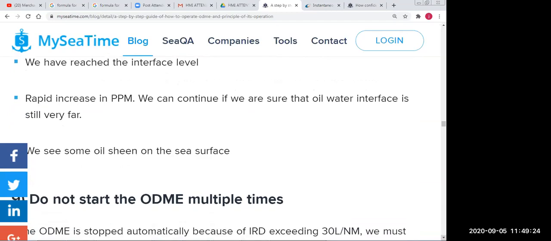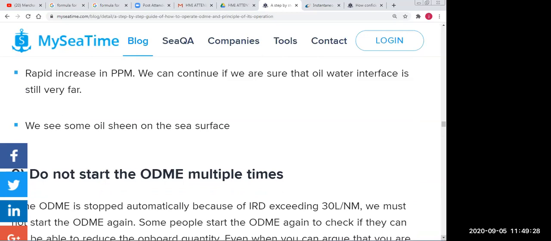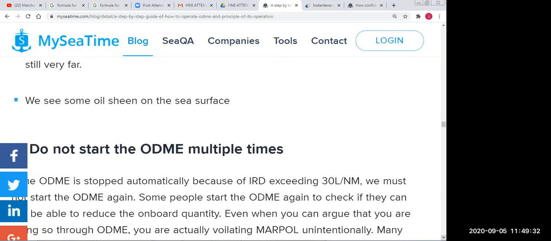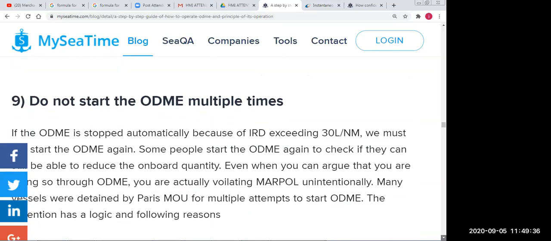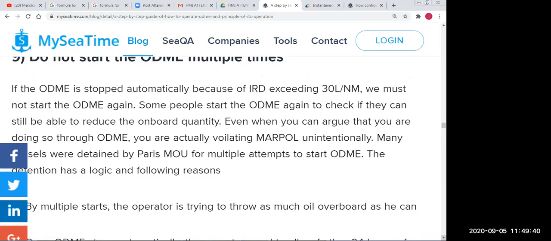Once we are going to reach the interface level, there will be a rapid increase in ppm. Then we also have to observe the oil sheen over the sea surface, and then we close the ODME.